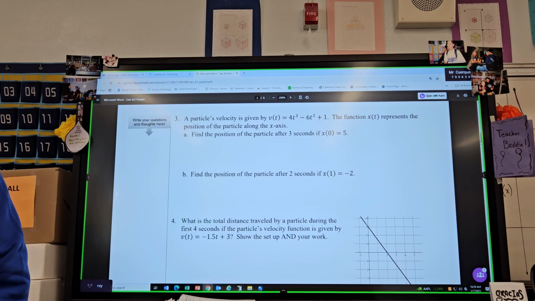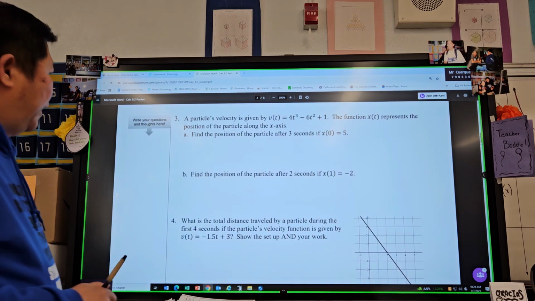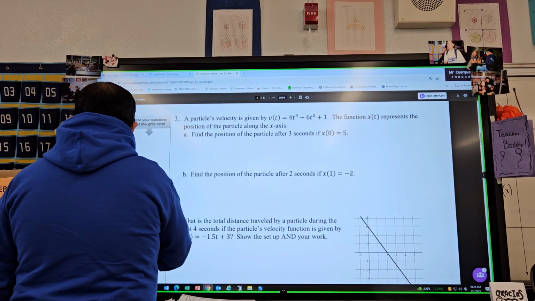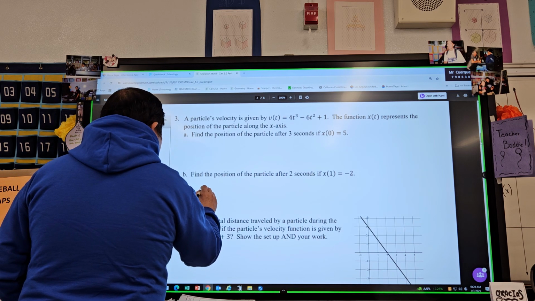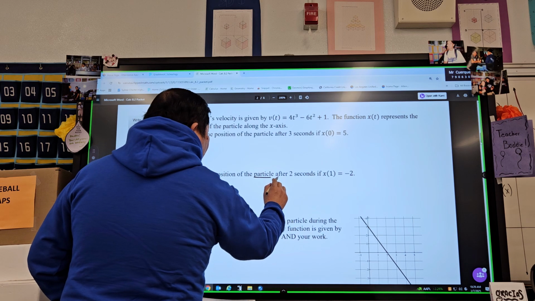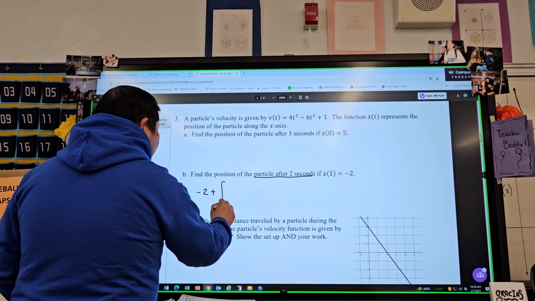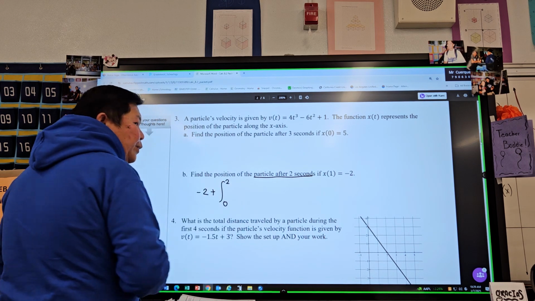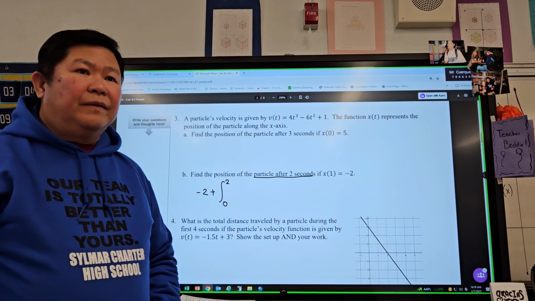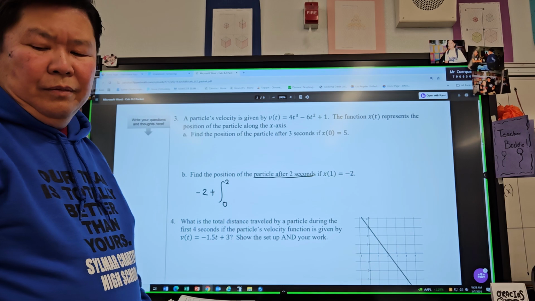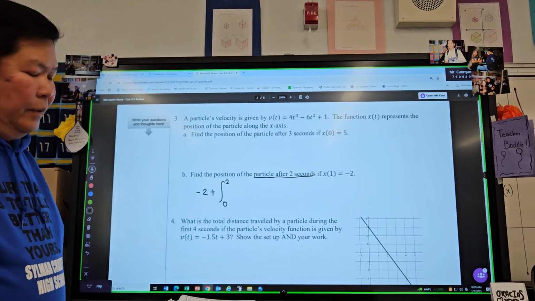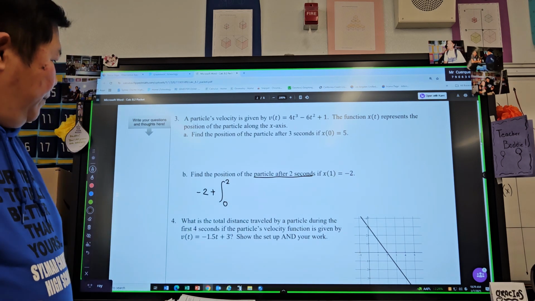Negative 2 plus what? For this one, you're going to set up negative 2 plus... After 2 seconds, so this means from 0 up to 2, and then the integral of v dt.